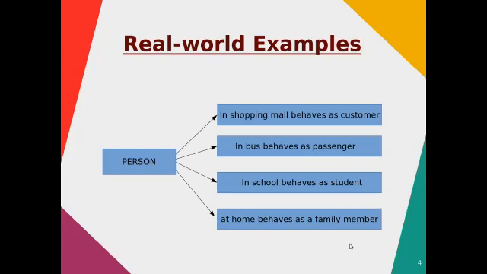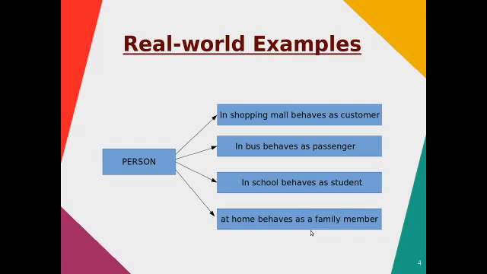So here a single person is performing different roles like passenger, customer, student and family member. So this is polymorphism. So polymorphism means more than one function with the same function name and with different operations or workings. I hope you got a primary idea about what polymorphism is.